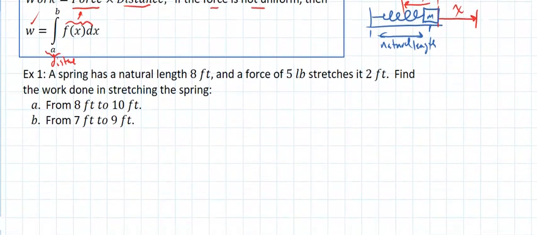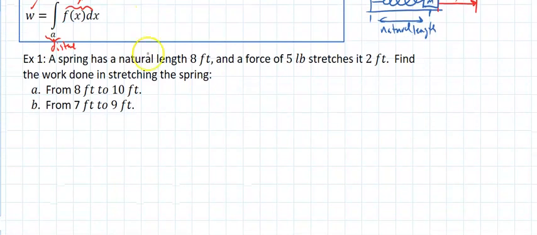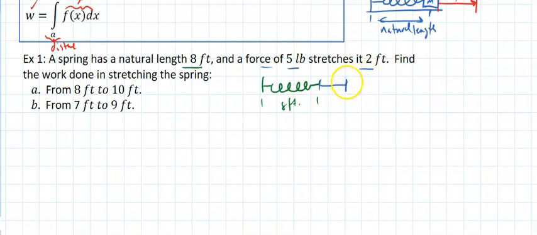An example of that: a spring has a natural length of 8 feet. So this spring, if you let it sit still, that's 8 feet. That's its natural length. And a force of 5 pounds stretches it 2 feet. So if you attach to it a force of 5 pounds, it's going to stretch 2 feet.